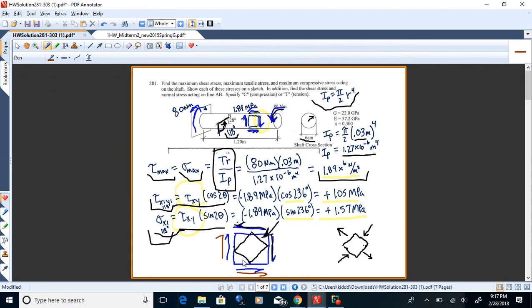So on that adjacent plane right there, the normal stress goes up and to the right. So on that 45-degree plane, I've got compressive normal stresses. Now if I look at this one, up, and that adjacent one here to the left, that acts up and to the left on this plane right here, so that's tension.